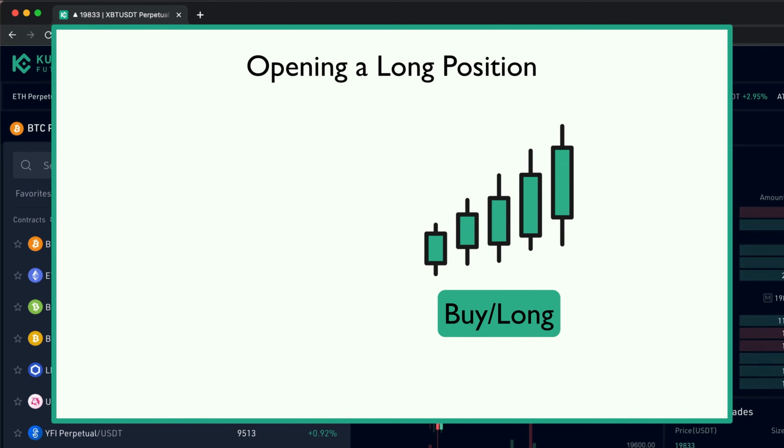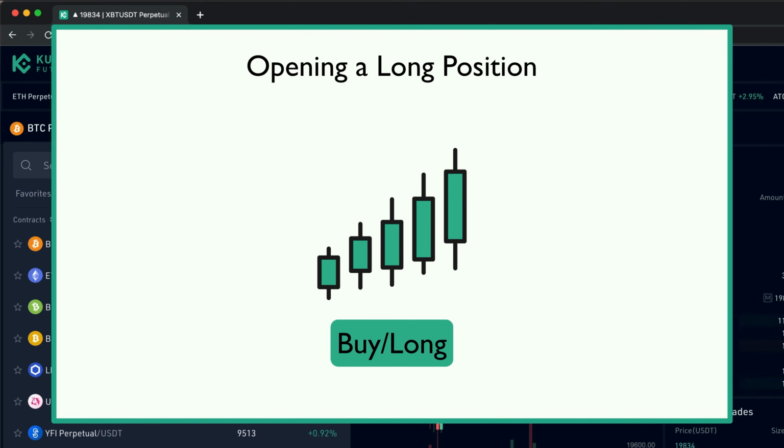So let's say we go long on a future contract for 1 Bitcoin at a price of $25,000 per Bitcoin. On the delivery date, which is when the future contract expires, we'll have to look at the Bitcoin price to see if we actually made a profit or if we've lost money.